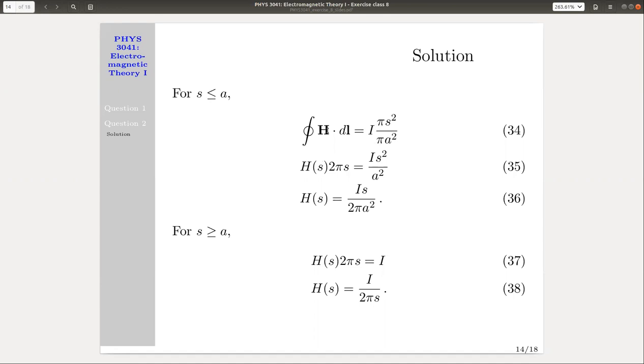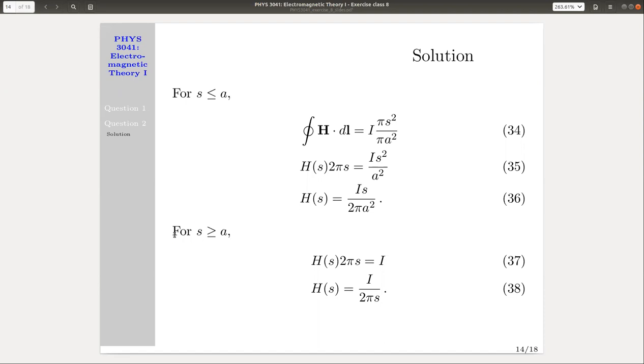Again, because along that loop the H field is uniform, we can simply take the H field outside of the integral, and the integral will just remain dl. So the integral is simply the length of that loop, which is 2 pi s. So we have the expression here, and after rearranging terms, we get the H field to be equal to I s over 2 pi a squared.